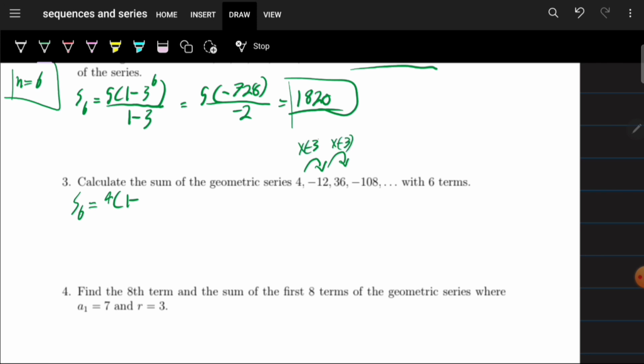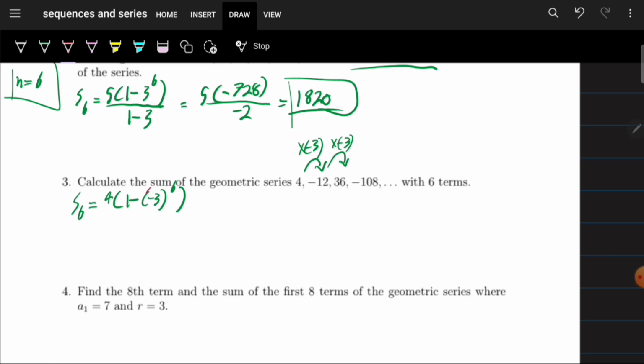Let me put these in brackets. All right. So the common ratio is negative 3, and we put that in brackets and raise it to the power of 6. So this is actually a somewhat important thing to point out. You have to make sure that when you're raising the common ratio to the power of your number of terms, it's the common ratio including the sign it has.